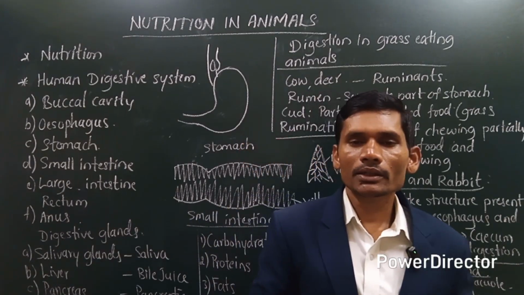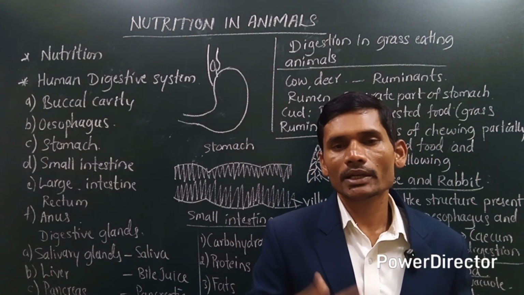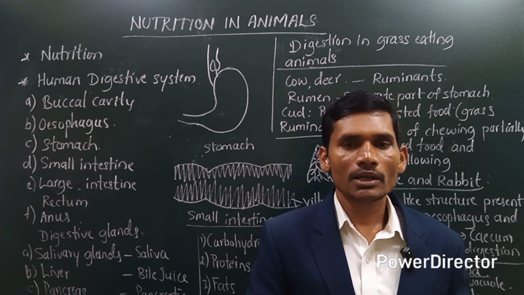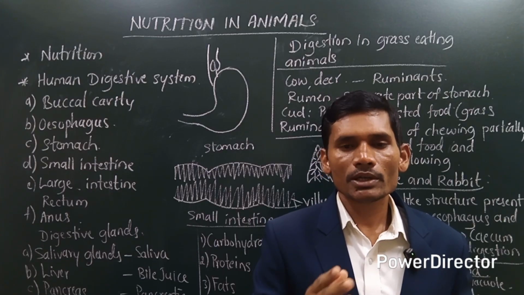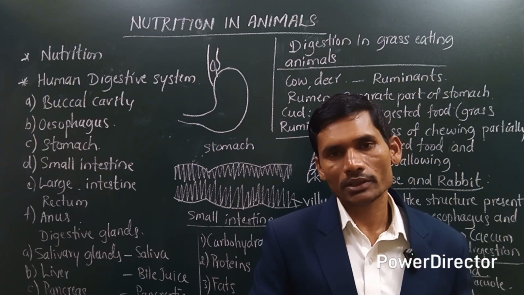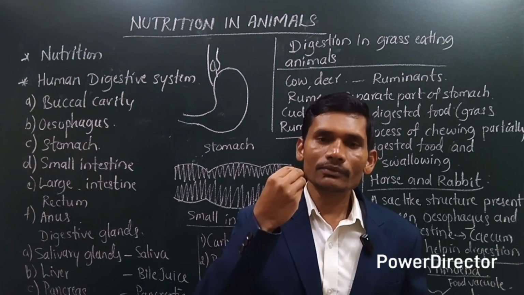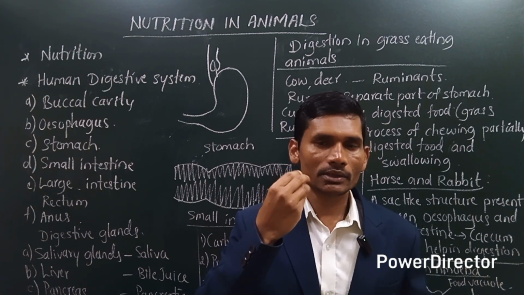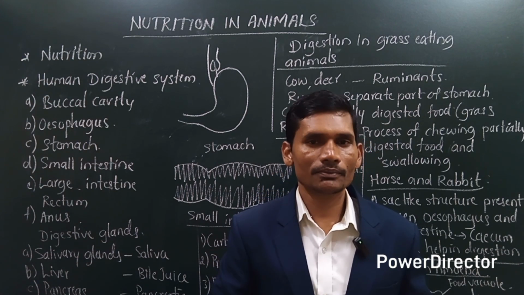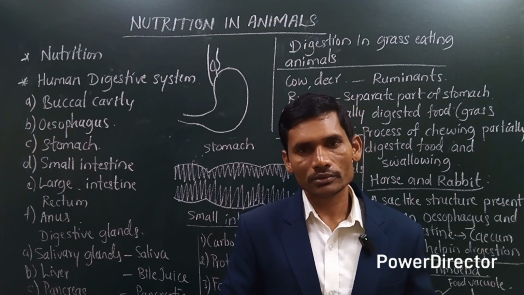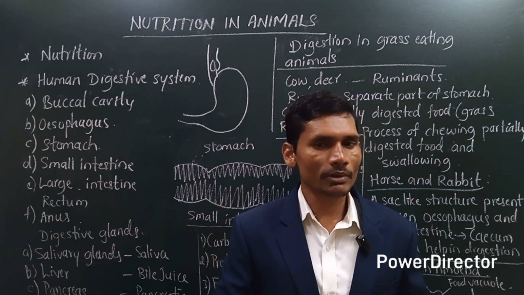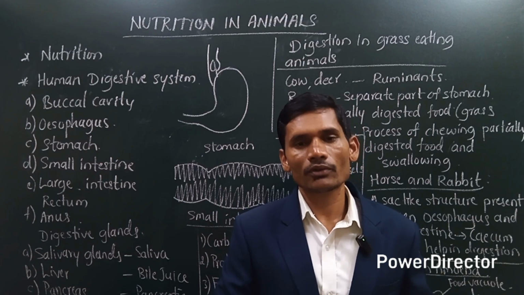In the buccal cavity we find two things, teeth and tongue. The tongue is a muscular fleshy organ, attached to the floor of the buccal cavity at the back, and its front end is free. This helps us to talk, and also to mix saliva with the food.